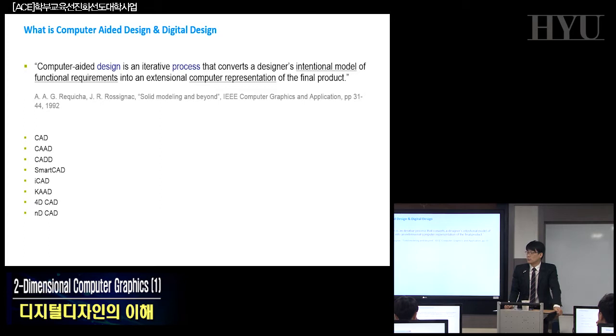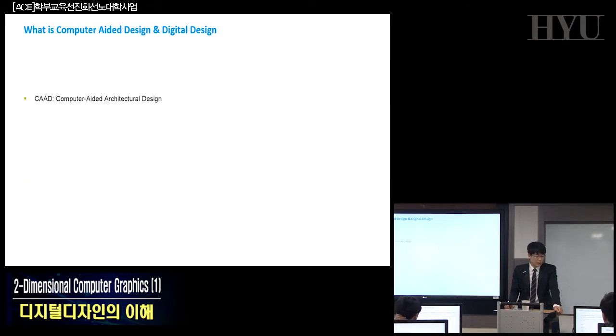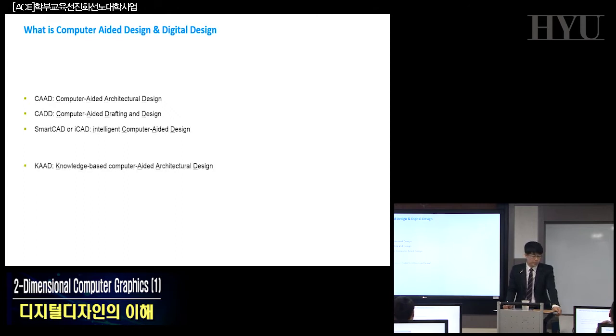So consequently, we encountered amount of abbreviations like this: CAD, CAAD, CADD, SmartCAD, iCAD, KCAD, 4DCAD, NDCAD, and so on. Meaning, computer-aided design, computer-aided architectural design, computer-aided drafting and design, intelligent or smart CAD.